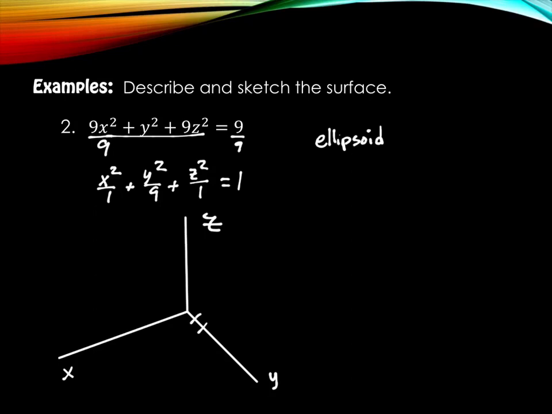So this one's not too bad to sort of mark out 3. Why am I using 3? Because 3 squared is 9. Yeah, so I'm going to extend sort of back here. And it's going to go up 1, and it's going to go left 1 and right 1 and all of that. And so I'm going to have a football type shape. So I'm going to kind of draw my football type shape in, and then I'm going to try to make it look three-dimensional.